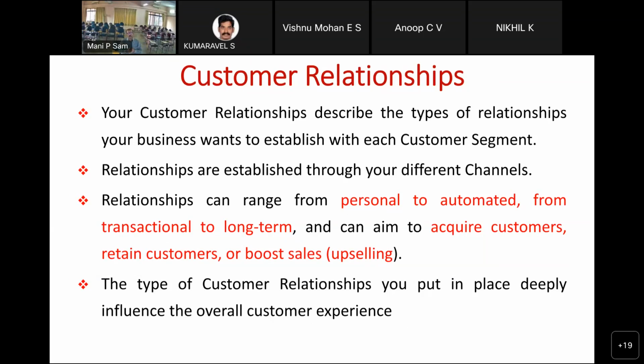Is there a post-purchase dissatisfaction? Without customer relations, you'll be blind and deaf. You will never know what is happening.